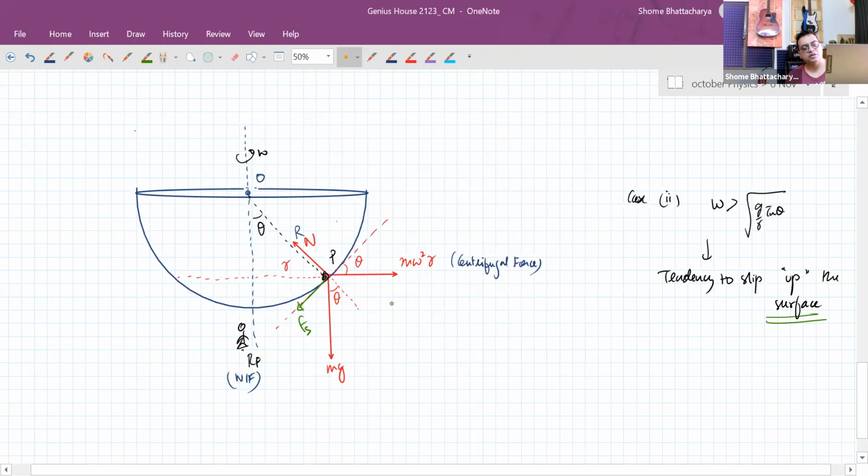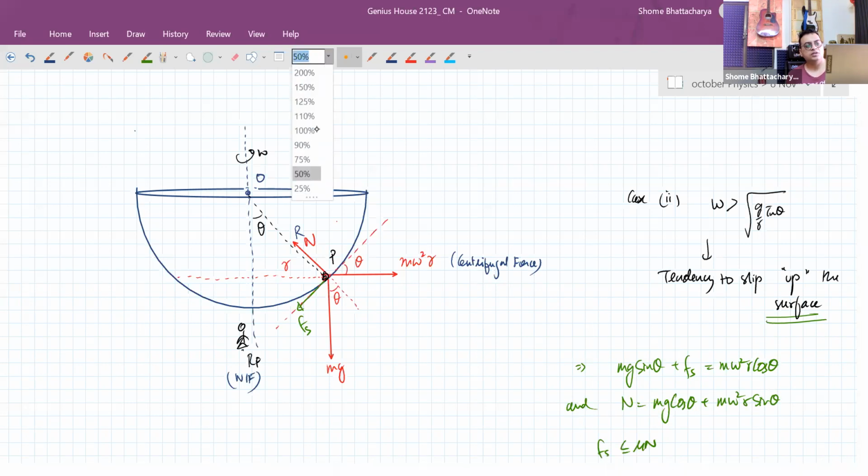The equilibrium condition now will become that mg sine theta assisted by static friction is equal to m omega square r cos theta. And normal reaction is equal to mg cos theta plus the sine component of the centrifugal force. And again, friction should be less than or equal to mu n.